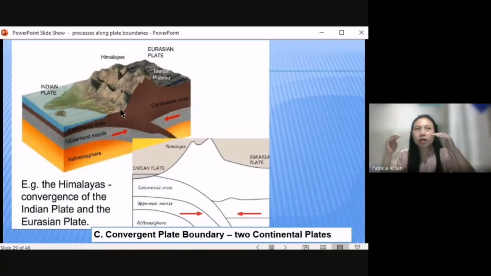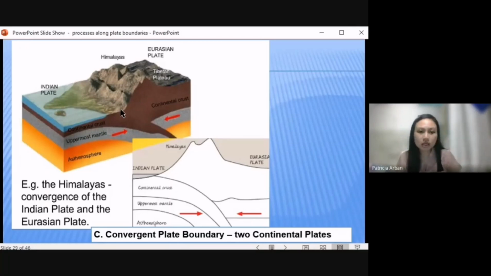Hindi katulad ng may oceanic crust na talagang less dense or mas denser siya, tapos may less dense sa kanya. Ang nangyayari is yung isa lumulubog, nagsasubduct. But here, since dalawa sila na less dense, ang nangyayari, pag nag-collide sila, nagmo-move sila upward. Nagkakaroon tayo ng folded mountains.